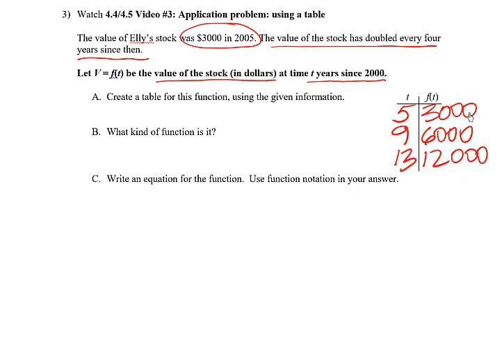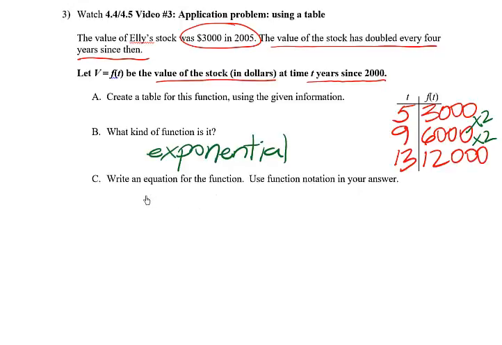For an exponential function, I would be looking for the same number multiplied down the table. And sure enough, that's what's happening. In fact, that's how we filled these in, right? We said times 2 to get from 3,000 to 6,000, and then another times 2 to get from 6,000 to 12,000. That pattern tells me that this function is exponential.